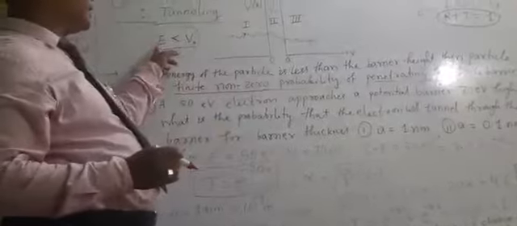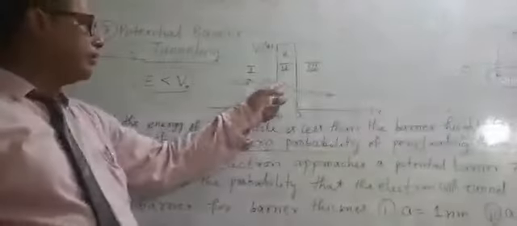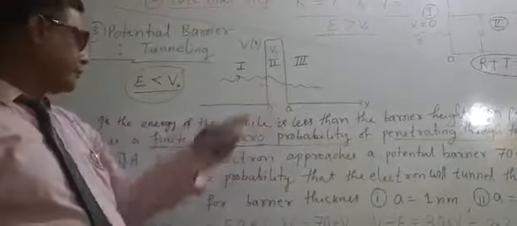So even if the energy is less than V naught, the particle can reach region 3 by tunneling.